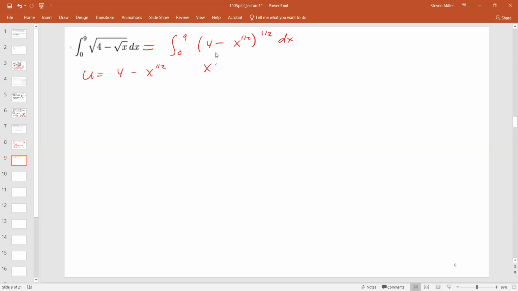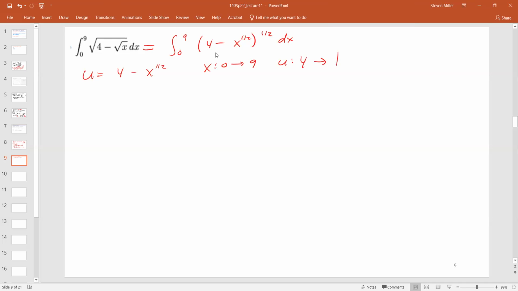Then as x goes from 0 to 9, what does u go from? So when x is 0, what would u be? 4. And when x is 9, what would u be? 1. Okay, so it looks like this is a perfectly fine range.